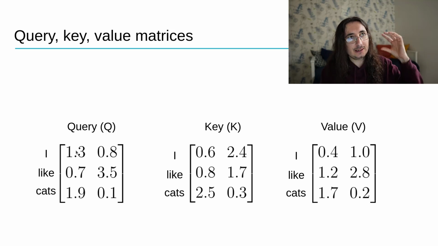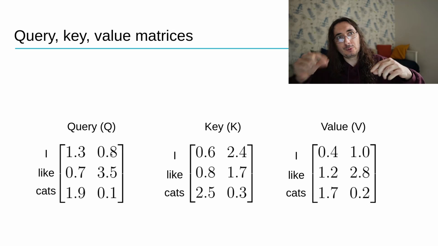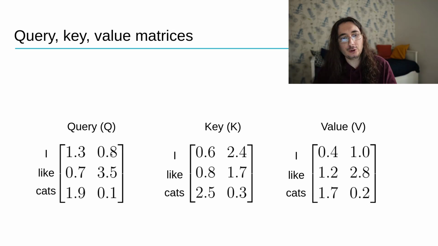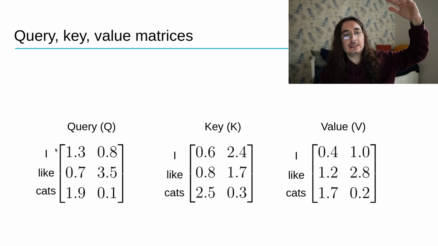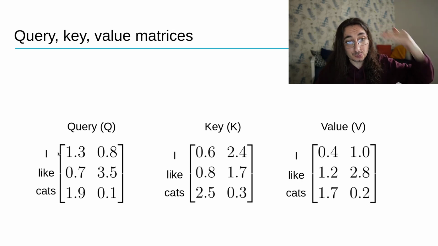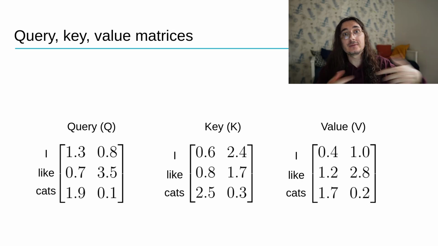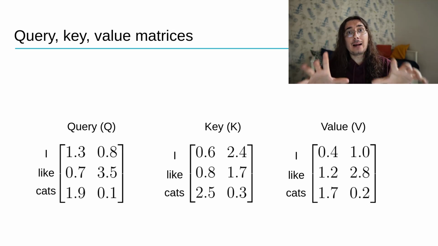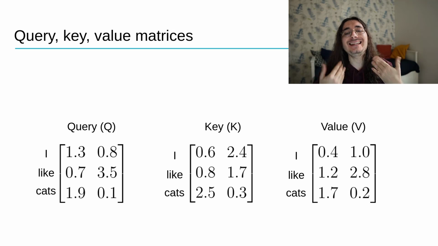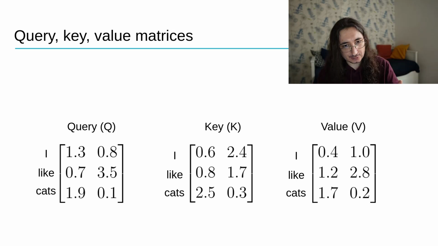In other words, these embeddings would have the same number of features, the same number of columns. But of course the number of rows is going to be the same, because each row represents a different word for the sentence, or the sequence, that we have. Again, I'm not going to dive deep into the meaning of Q, K, and V yet. This is going to become apparent later. For now, let's just treat them as mathematical constructs.